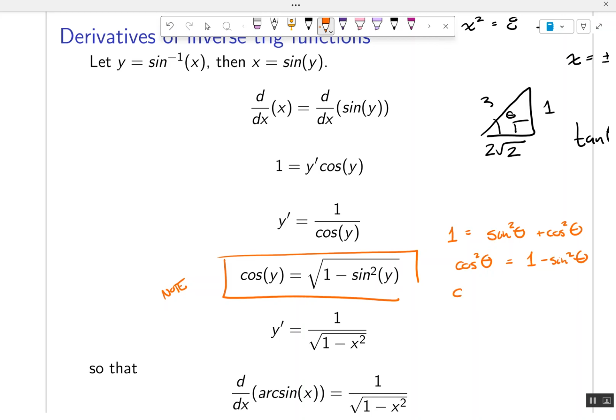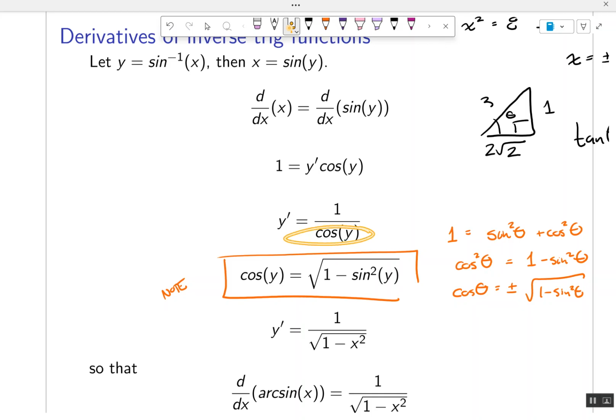So now if I take the square root of both sides, we get this. So now cosine is equal to the square root of 1 minus sine squared. Now we're just going to plug that into the bottom.